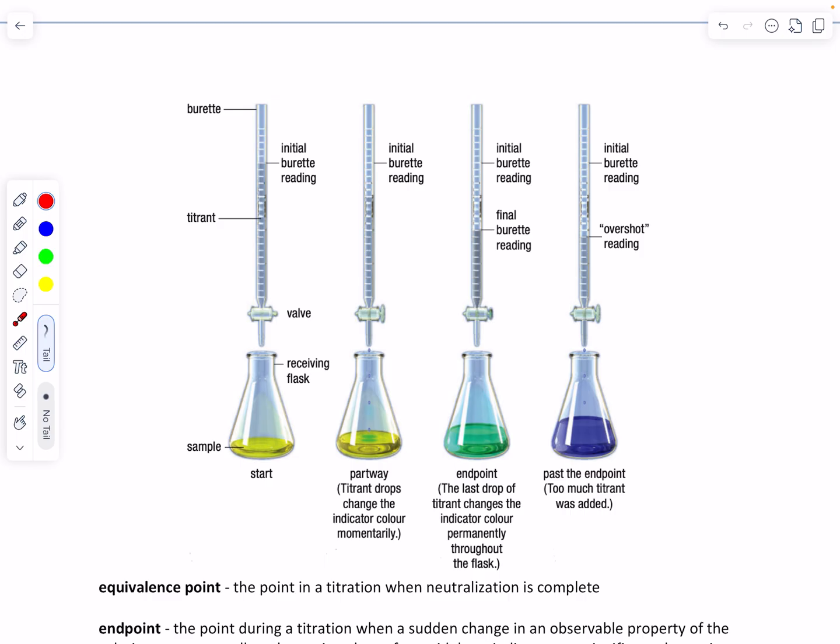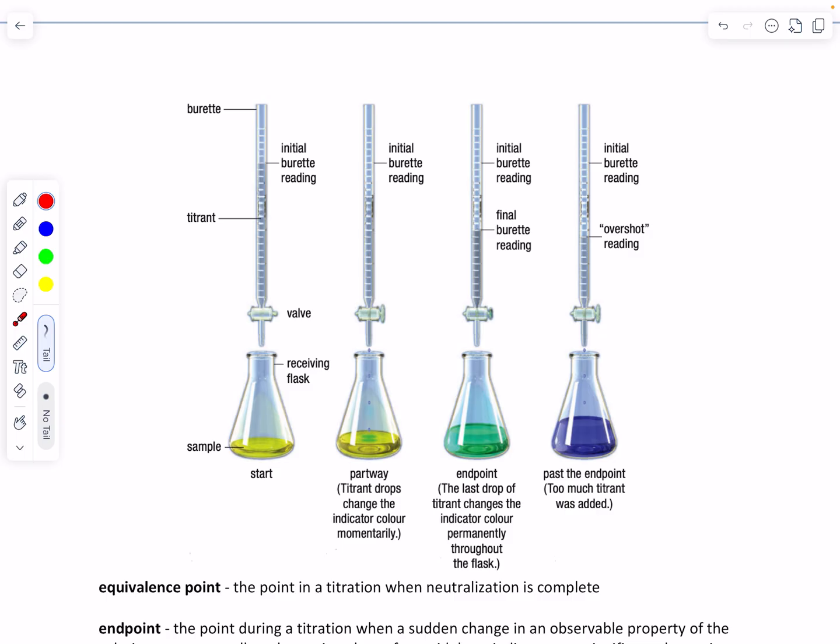As we add the liquid drop by drop, the titrant drop changes the indicator color momentarily, and you can see on the surface we slightly start to change this. But if you were to swirl this beaker around, it would remain yellow.